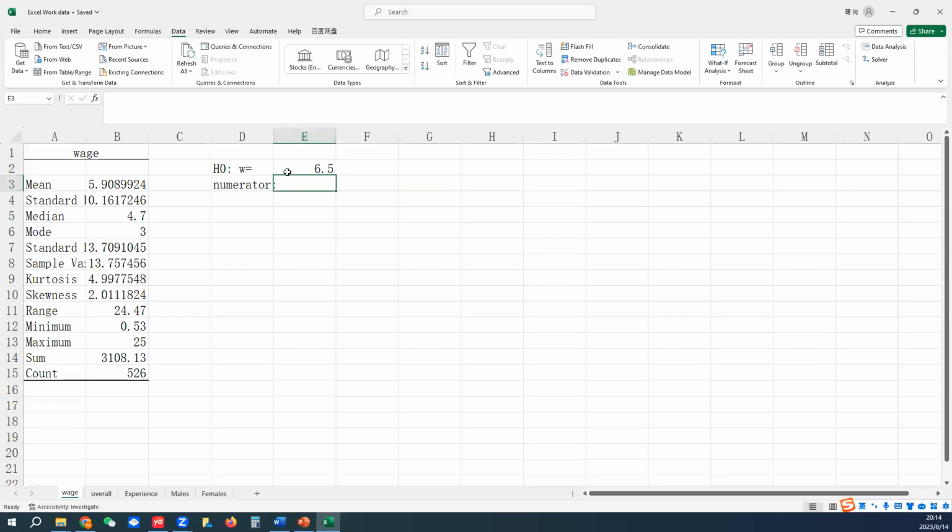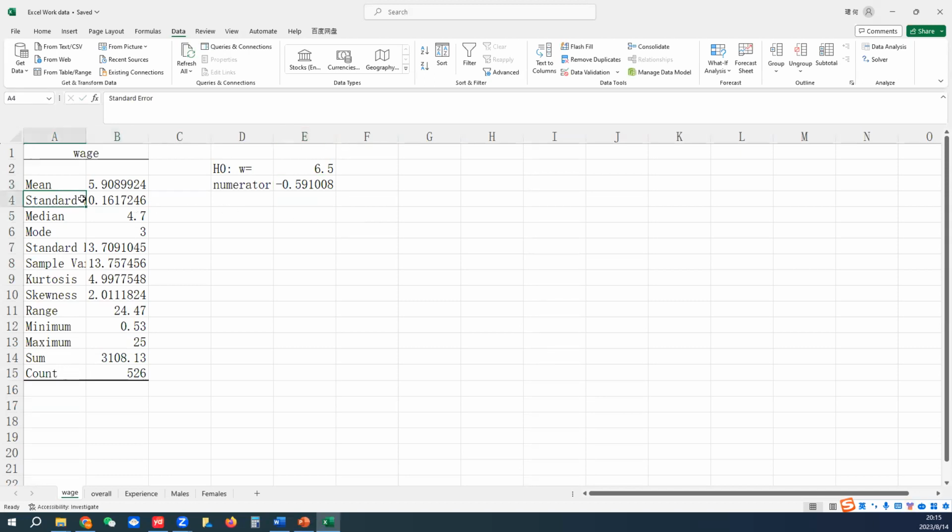So the numerator is the numerator of the t-stat. The numerator of the t-stat is the sample mean minus your guess, which is E2. That's this.